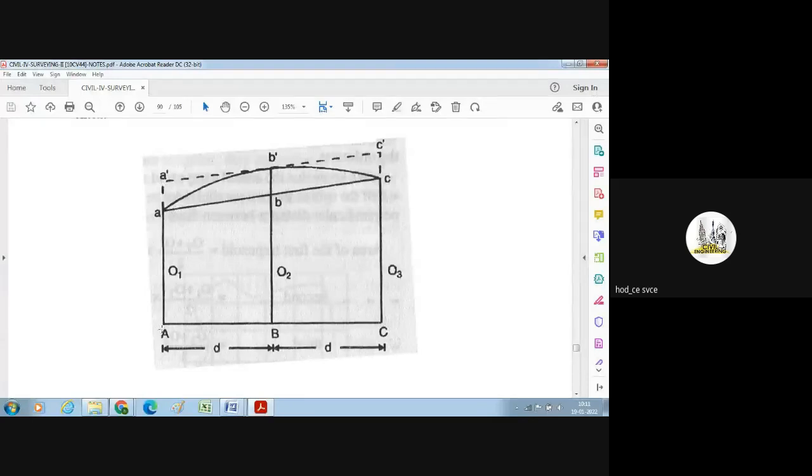From here to here is O1 and here to here, what is the length? O2 minus O1, right? So if you work out O1 and this distance of O2 minus O1, then you will get this distance.